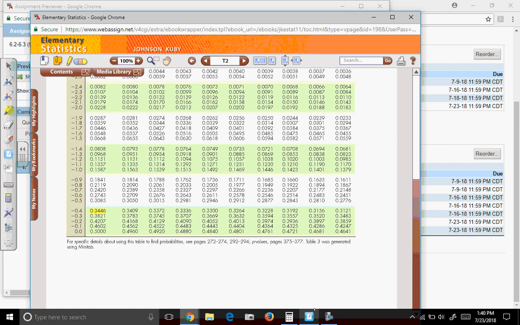So 0.281 is right here. If we look to the left, this gives us our first decimal, so negative 0.5. And if we go up, this is in the 08 column, so negative 0.58.